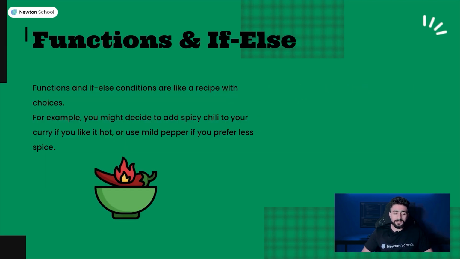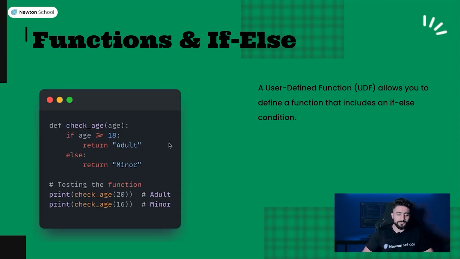Now, functions and if-else conditions. Functions and if-else conditions are like a recipe with choices. When you use a function, just like normal code, whenever you write a program, a function is like a small part of your code. Whatever you can do in a program, you can do in a function. So in a function, you can use if-else statements. For example, this is your function: def, check_age is the name, and age is the parameter.